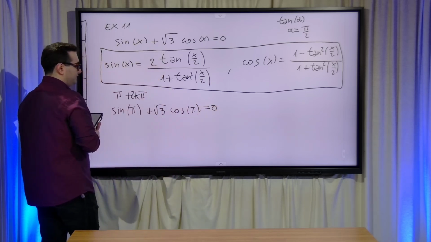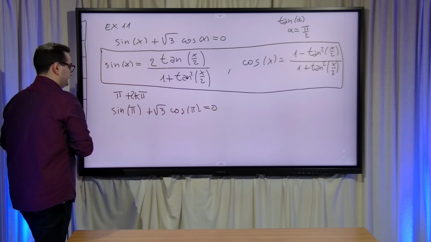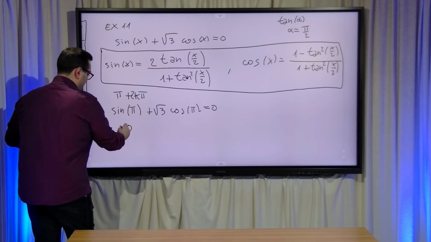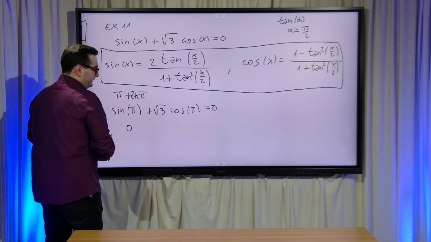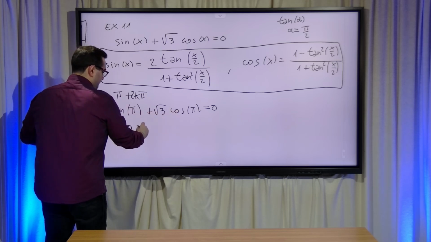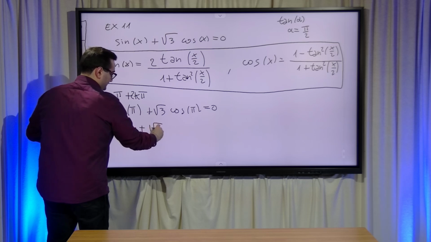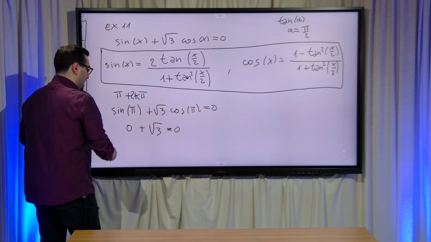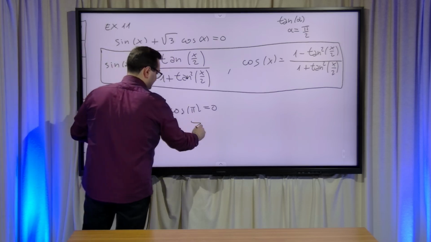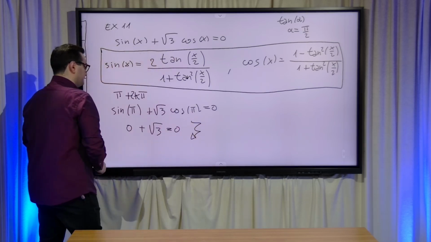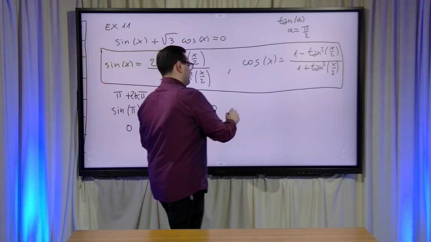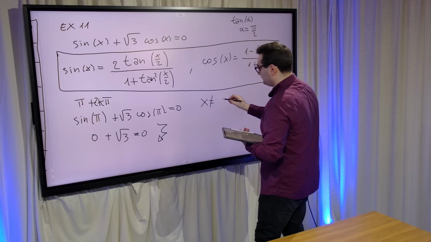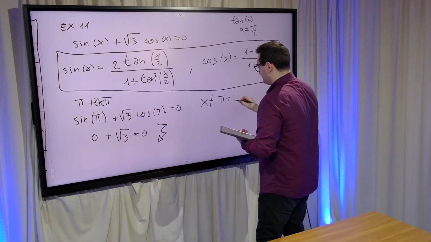I have to check if this equation is satisfied. So sine of pi is 0. Cosine of pi is minus 1. So 0 minus square root of 3 equals 0. Well, this is not true. So x is not equal to pi plus 2k pi.